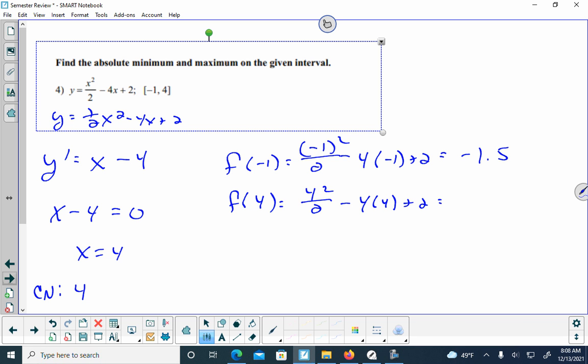And that ends up being -6. So I'm going to have an absolute max of -1.5. That occurs when x is equal to -1, but the absolute max is -1.5. I'm going to have an absolute min of -6, and that occurs when x is equal to 4.